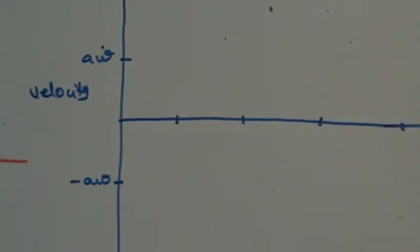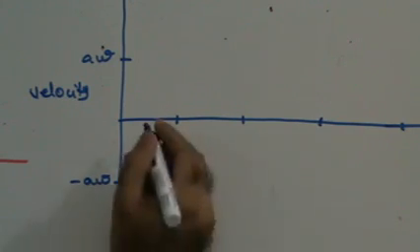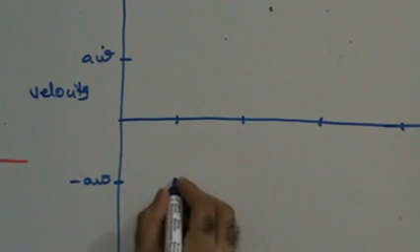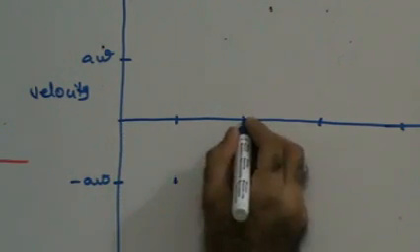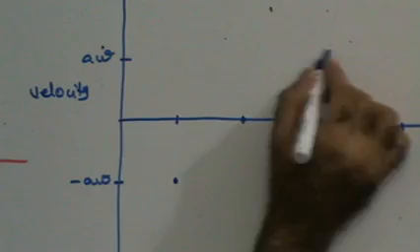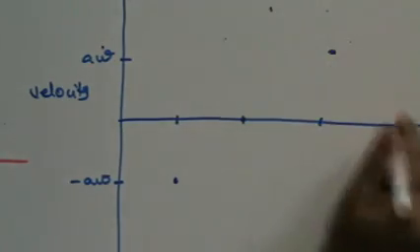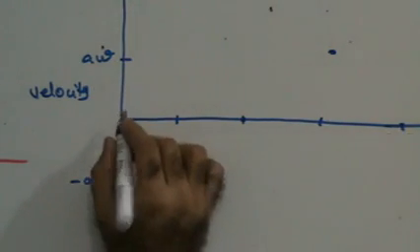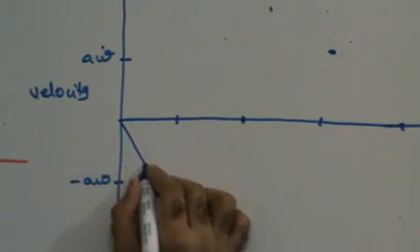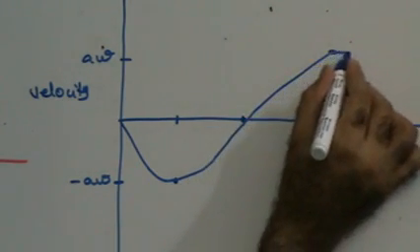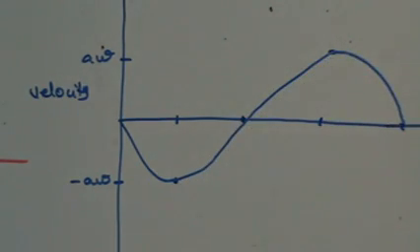Okay, now let's see this. 0 is 0, then 90 is minus a omega, 180 is 0, 270 is plus a omega and 360 is 0, right? So in that case, this is going to be your velocity graph, right?